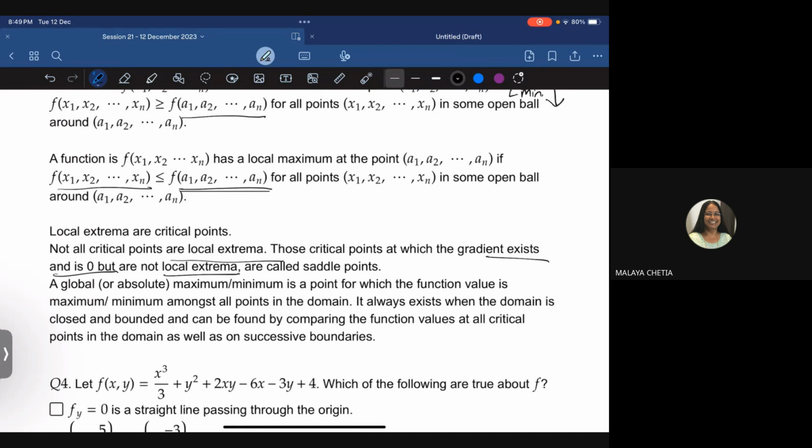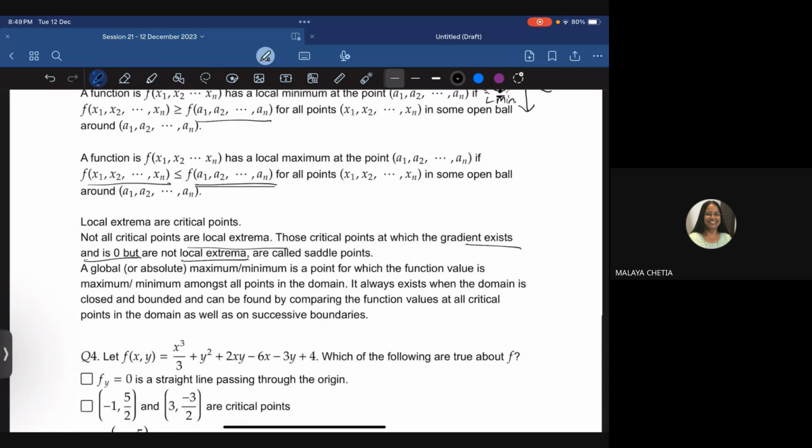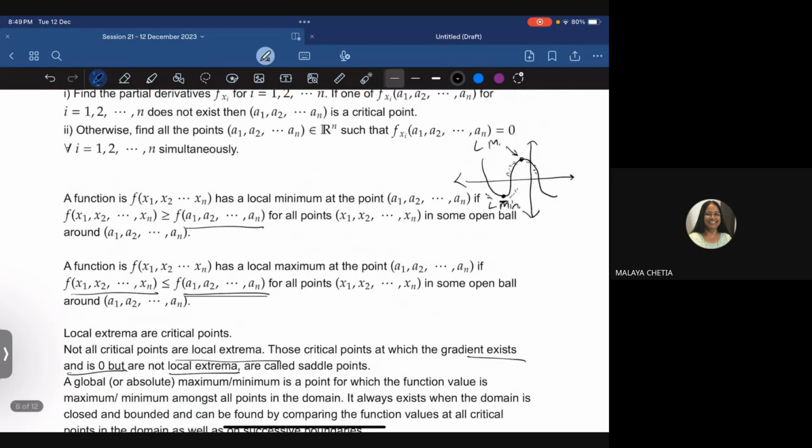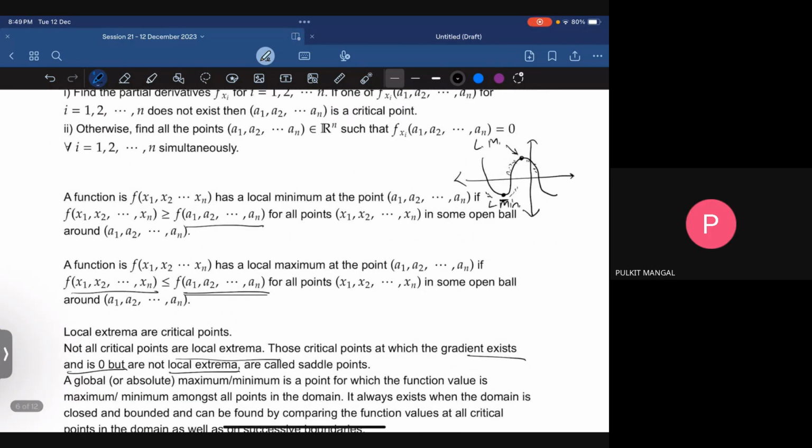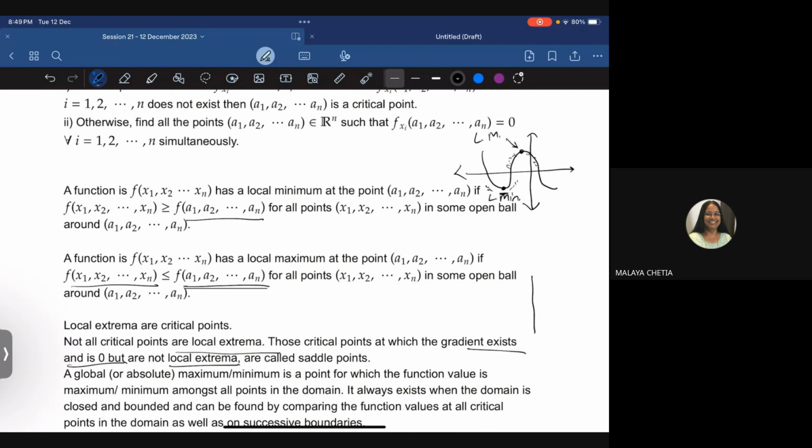Sir, can you please draw one figure and try to show the saddle point? How will the plot be in that case? Like you have drawn the maximum and the minimum local points, how will the shape of this curve be? It would be like this.